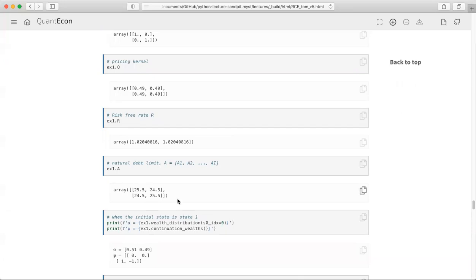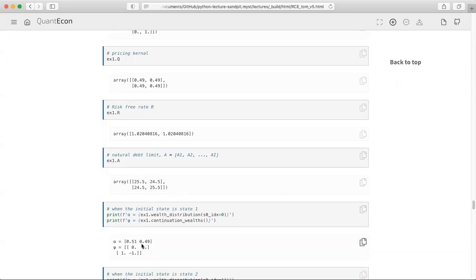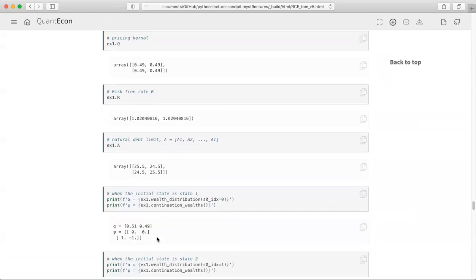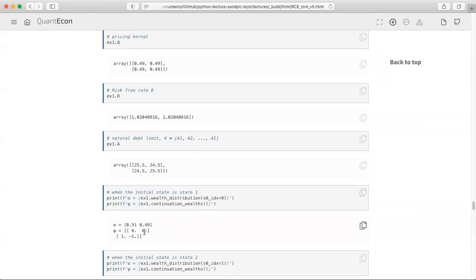These are the continuation wealths in the. Just a second. Where are we? Oh yeah. Got myself mixed up. These are the continuation wealths of the first of the two people in the first Markov state, which we're in. We're starting from that. These are the continuation wealths in the second Markov state, but we're not starting from there.